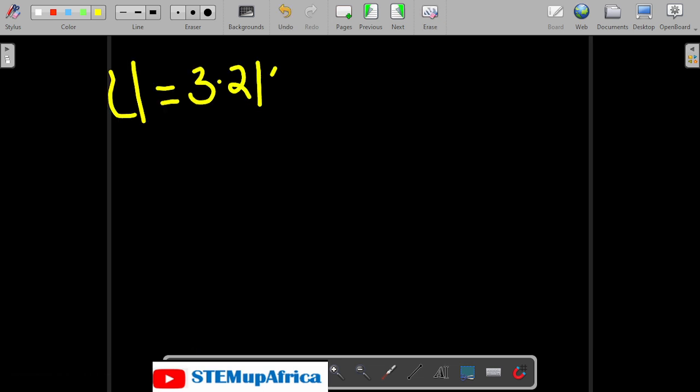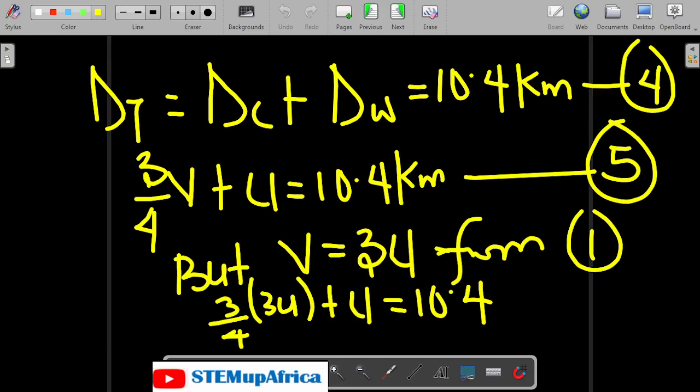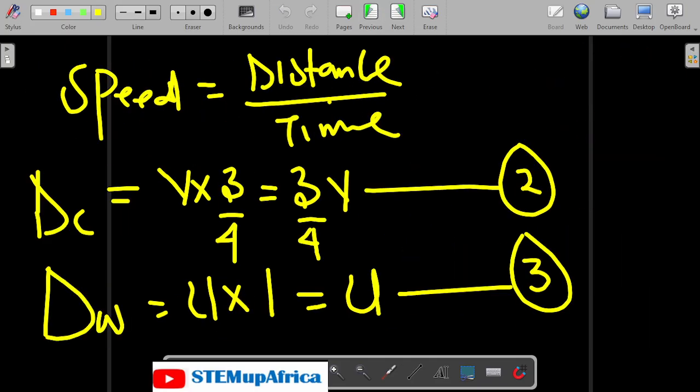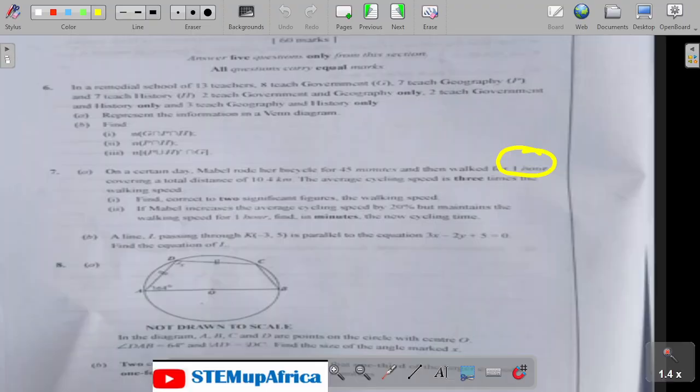So our U remains 3.2 kilometers per hour. If that is known, what will we ask to find finally? You said, find the time in minutes, the new cycling time.